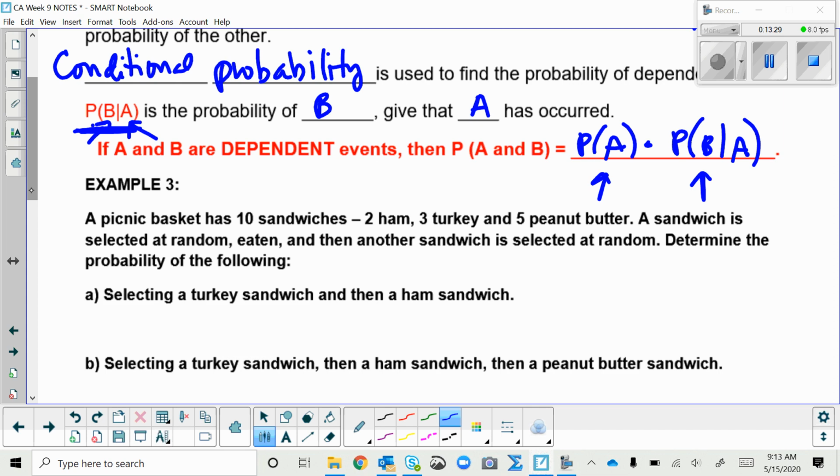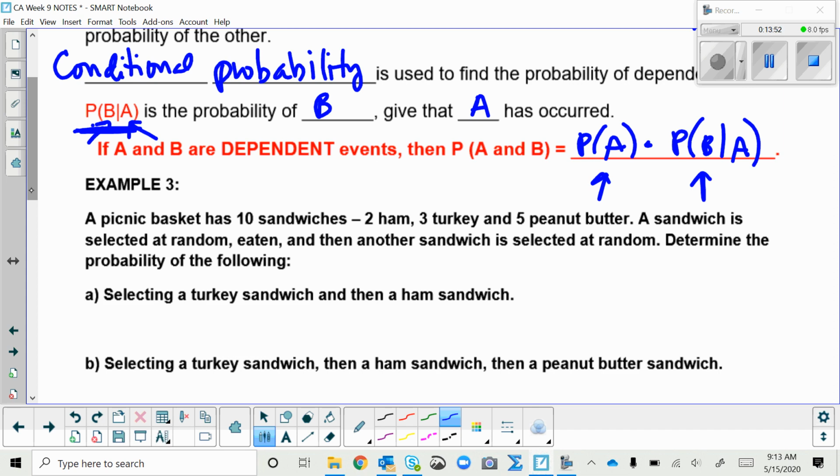So the first example is, okay, a turkey sandwich gets selected first, and then a ham sandwich second. So that's what we mean by the first thing affecting the probability of the second. Because once a turkey sandwich is removed, the total number of possible outcomes has now changed for when you go to choose your second sandwich.